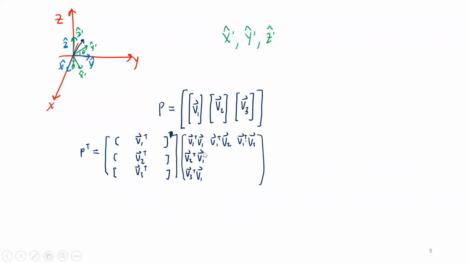Right. So you can see that each element in this matrix is given by a dot product. The diagonal element is the dot product of one of the vectors with itself.